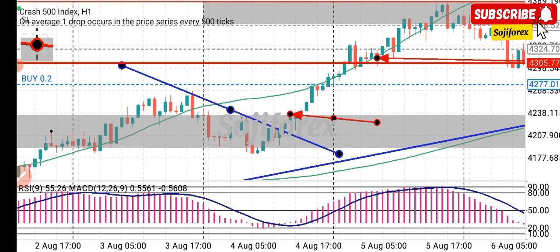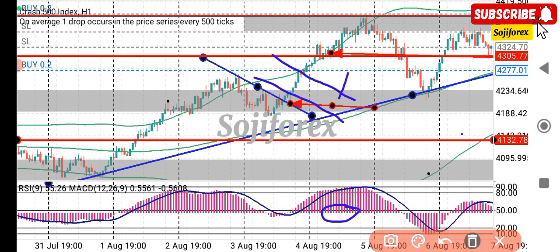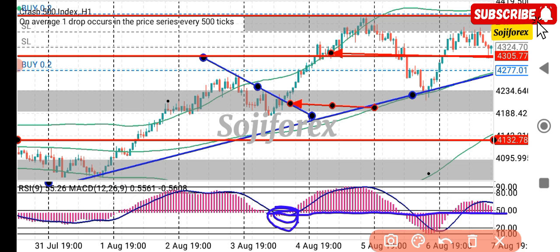Now that we have bought, for us to make that entry, we'll now look at our indicator window. And on our indicator window, which is this MACD, we want to see this MACD signal line and the MACD histogram around the level of 50. Look at this 50 here. You can see them around that zone of 50.